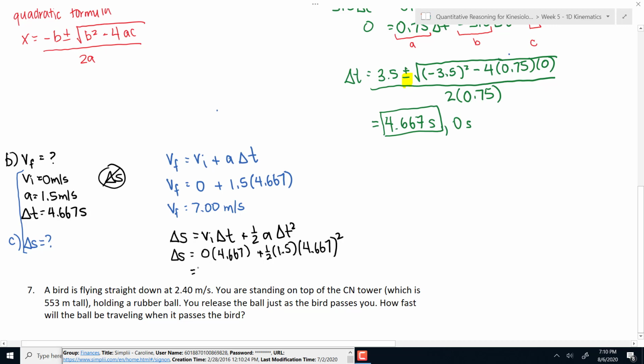I'm just going to type that onto my calculator. All of this, 0 times 4.667, is just 0. So I have 1/2 times 1.5 times 4.667 squared, which is 16.3 meters. So the delta s for the dad, the distance that the dad traveled, was 16.3 meters. All right.